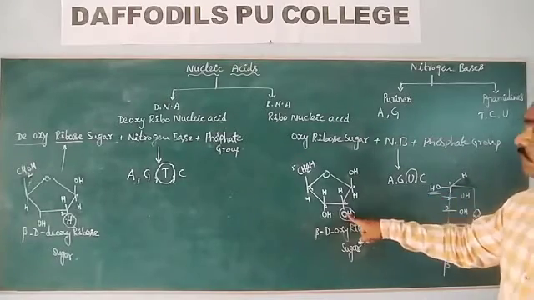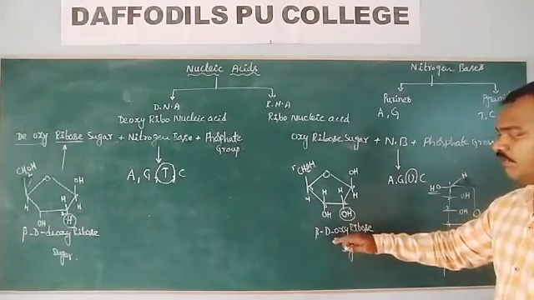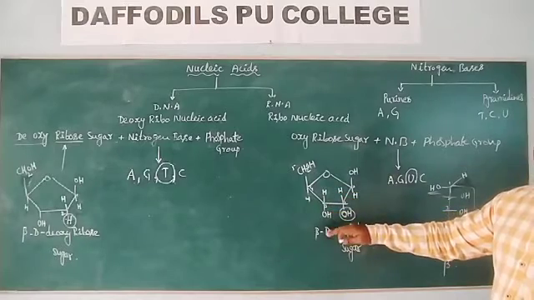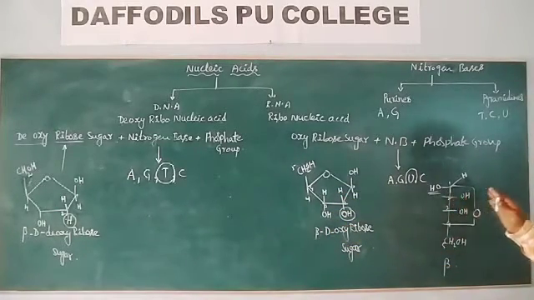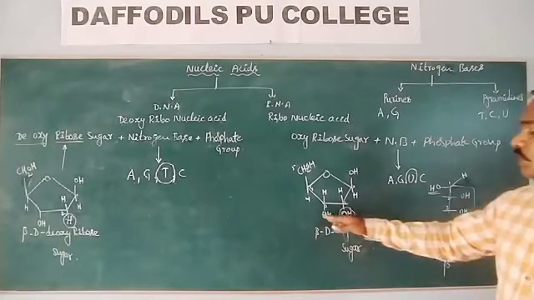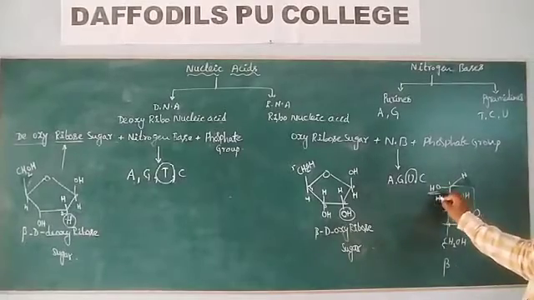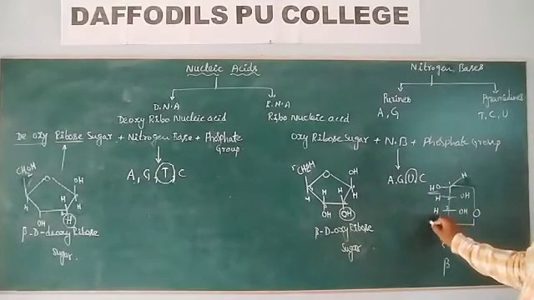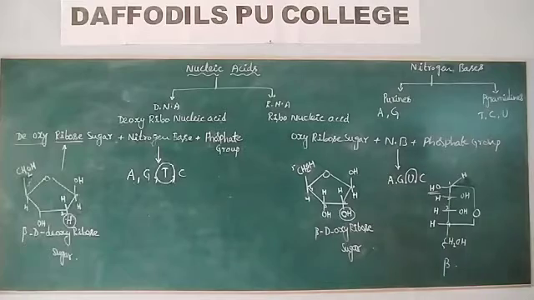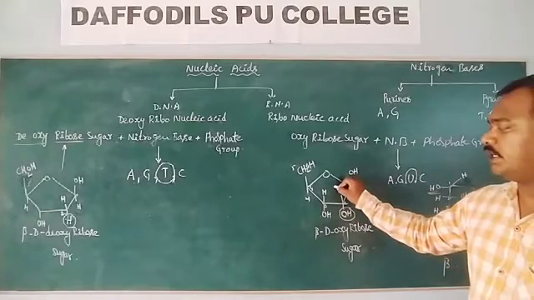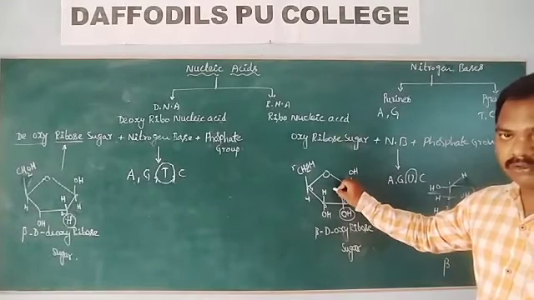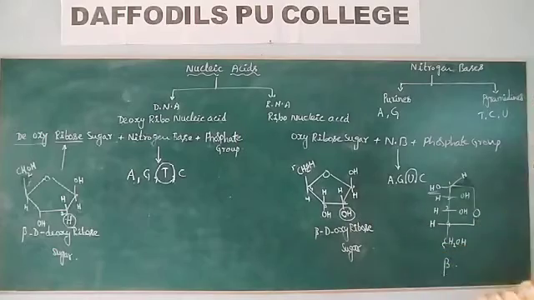The second carbon has the OH group at the bottom of the Haworth structure. So in Fischer projection, they are represented at the right side. So I placed this OH group at the right side. So this is H, and this is H. This is the ribose sugar. This same ribose sugar is represented in furanose form in Haworth structures.